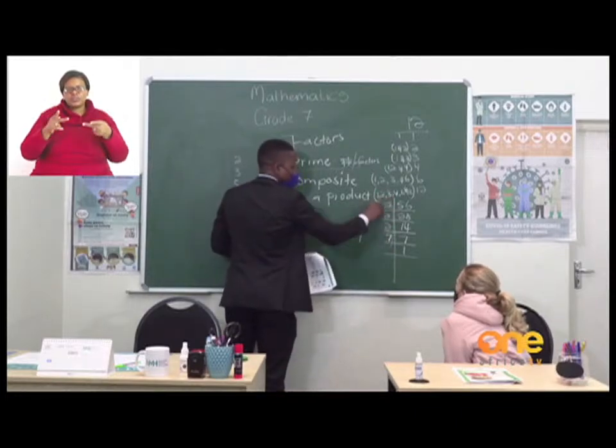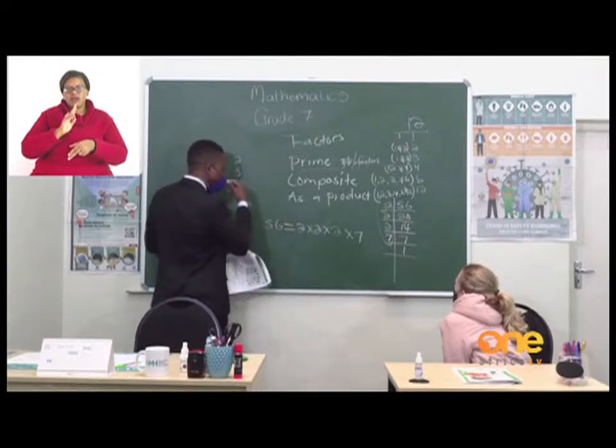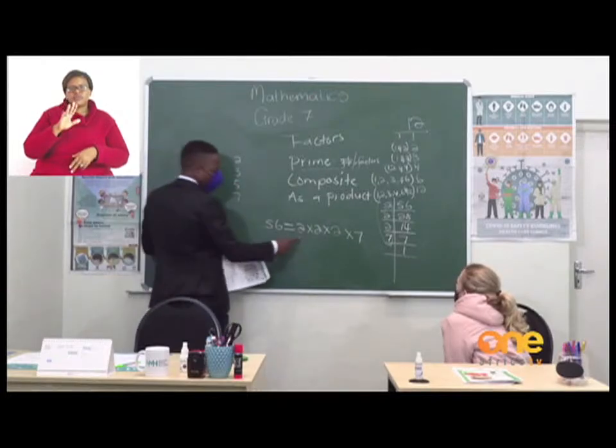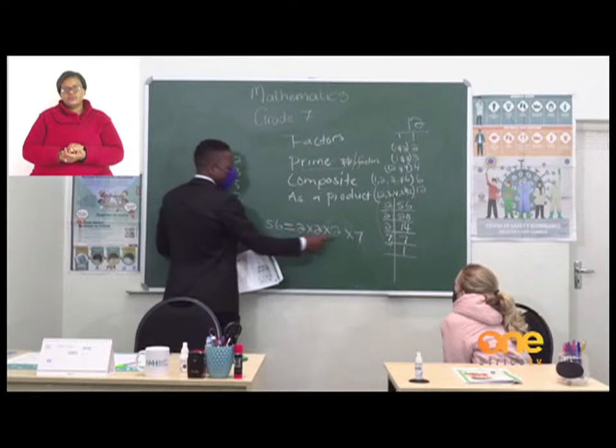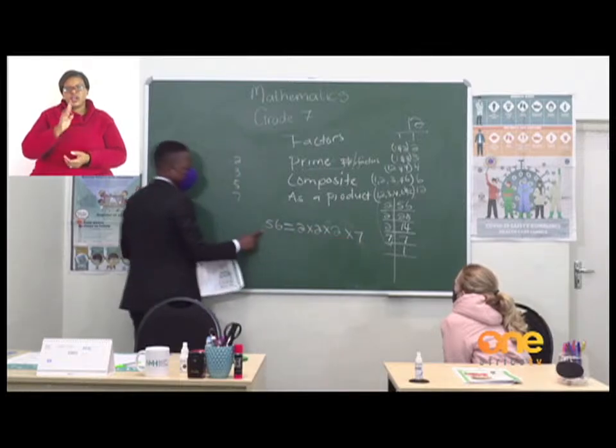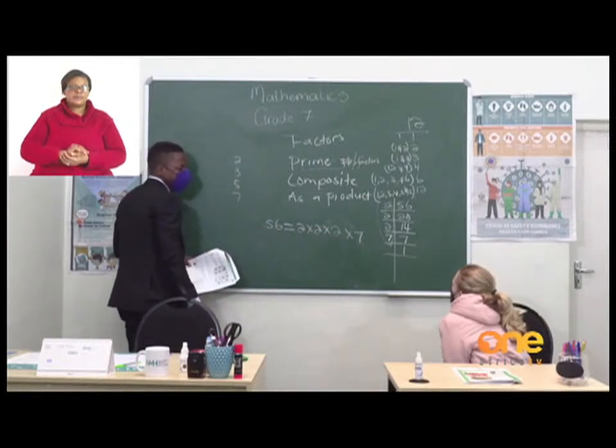I've used what is on that side. So if you multiply 2 times 2 times 2 times 7, you get 56.